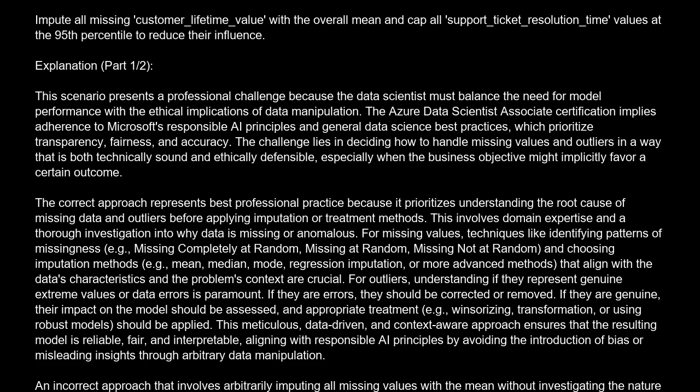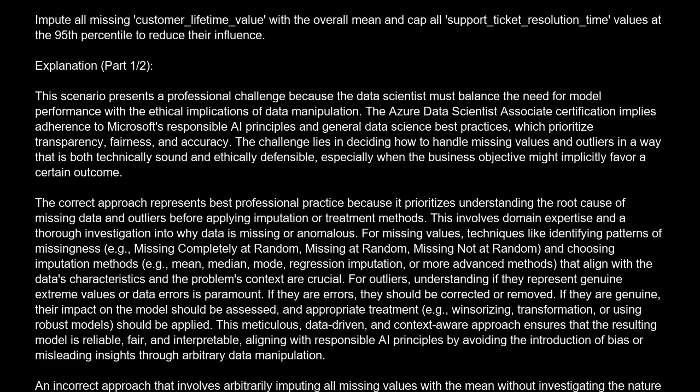For outliers, understanding if they represent genuine extreme values or data errors is paramount. If they are errors, they should be corrected or removed. If they are genuine, their impact on the model should be assessed, and appropriate treatment, e.g., winsorizing, transformation, or using robust models, should be applied. This meticulous, data-driven, and context-aware approach ensures that the resulting model is reliable, fair, and interpretable, aligning with responsible AI principles by avoiding the introduction of bias or misleading insights through arbitrary data manipulation.